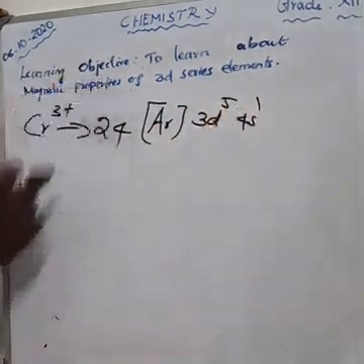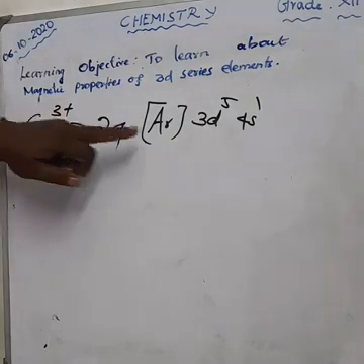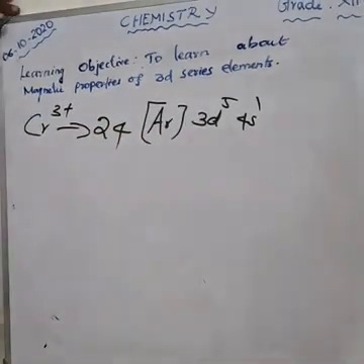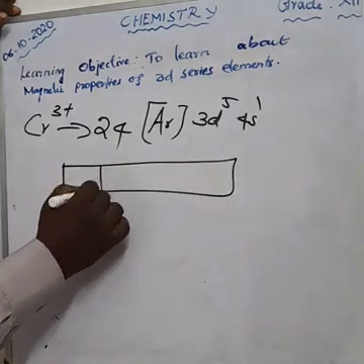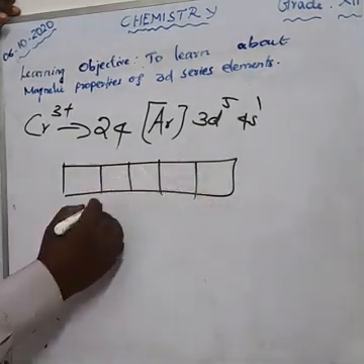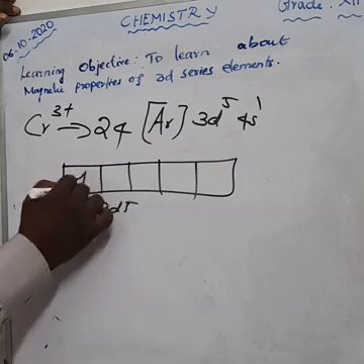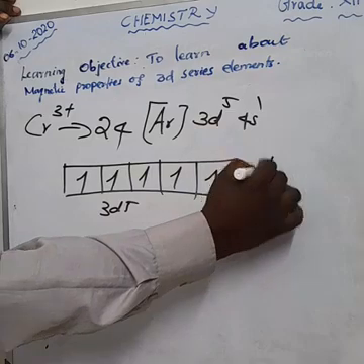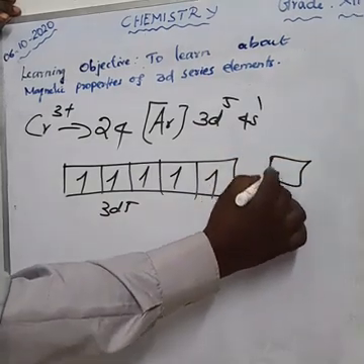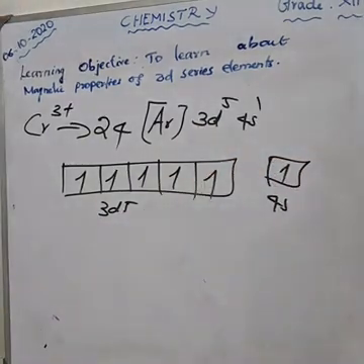Okay. Make sure, don't make a mistake here. 3d5 4s1. Now we are drawing the d orbitals: 3d5, 1, 2, 3, 4, 5, and about the 4s1, only 1 electron.